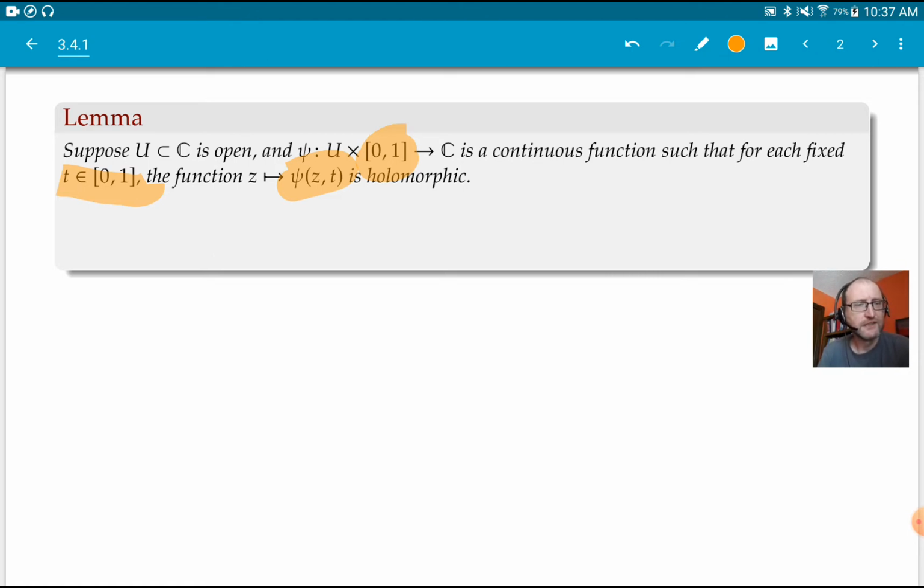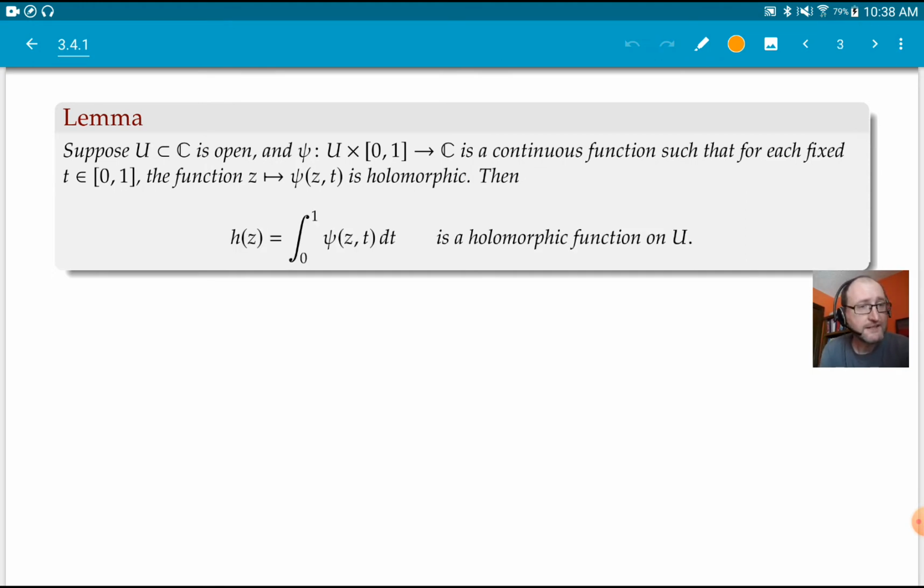We're not saying anything else about this, just that when you fix a t, you get a holomorphic function for every fixed t. We're not saying how these are related to each other, except that c is continuous as a function of z and t. So those are the hypotheses.